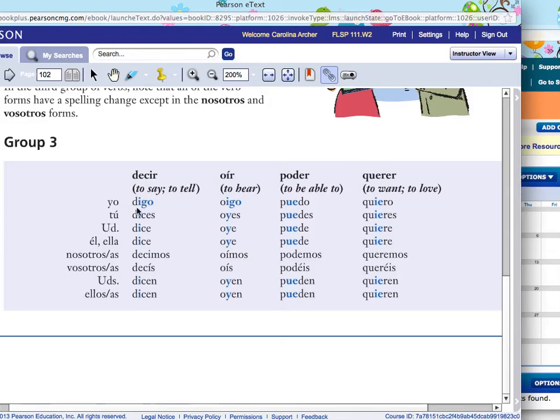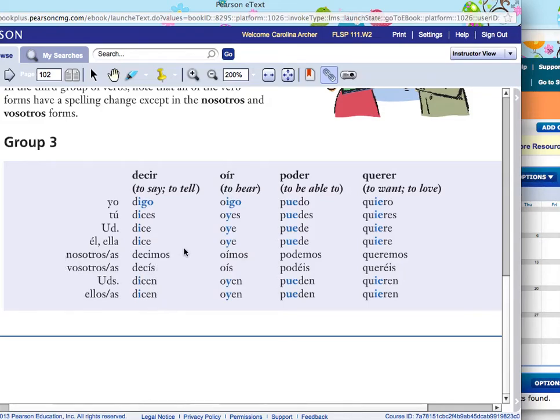Yo digo, see, the yo form changes quite a bit. Digo, you have to add the G. Tú dices, instead of the E, it's going to be I. And the endings are the same that you already know. Tú dices, usted dice, él, ella dice. Nosotros and vosotros are always regular. They never change. Ustedes dicen.